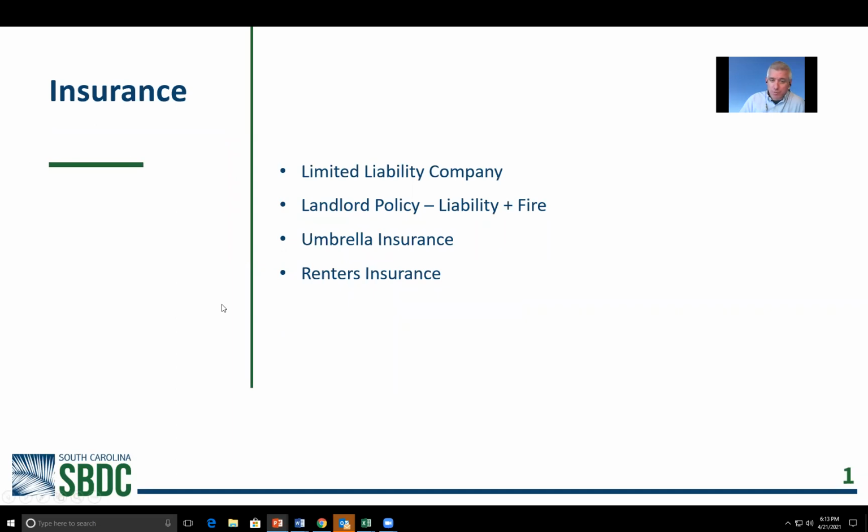I mentioned insurance before. I mentioned the LLC, how it could help protect. It offers liability protection. You want a landlord policy, which covers liability and fire, and could be more comprehensive than that as well. And honestly, if you have multiple properties, you want an umbrella insurance policy that's going to maybe cover any gaps and things like that.